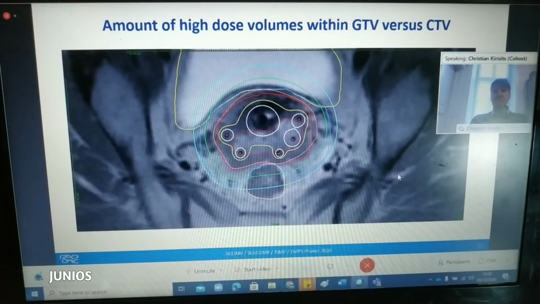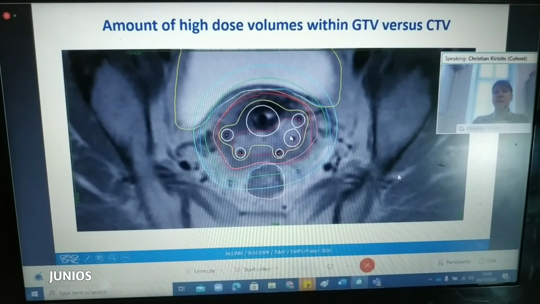What you can see here is an image of a case from a couple of weeks ago, where we have a very strange-looking tumor with the GTV located on the posterior part, very eccentric, because here is the intracavitary channel, but the GTV is actually on the posterior part between the rectum and this channel. So we were using needles, as you can see here, and these needles are there to cover the GTV, but also to boost the GTV.